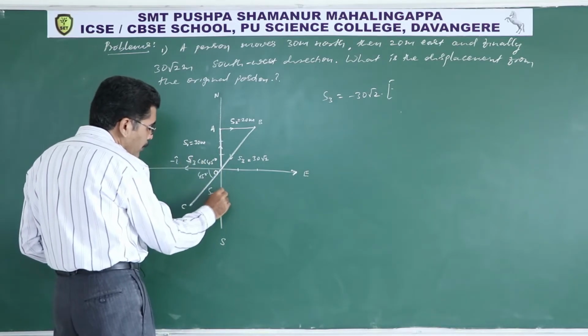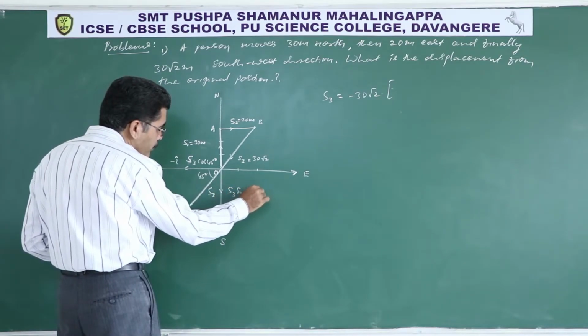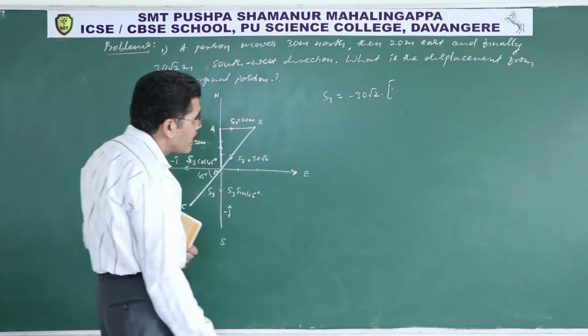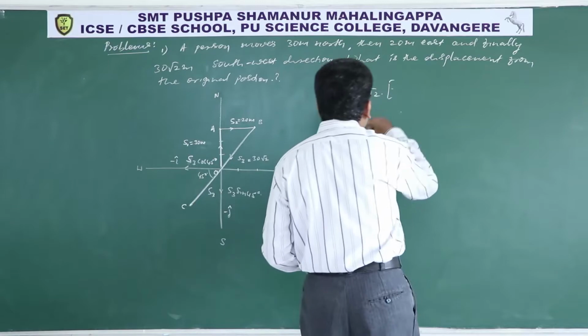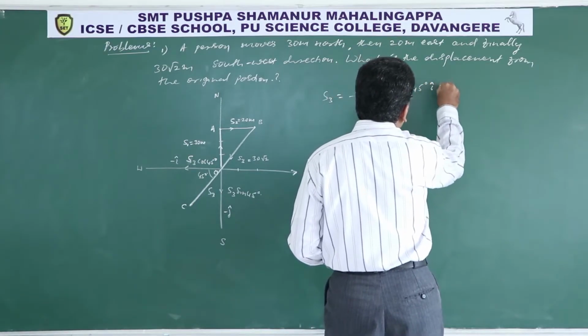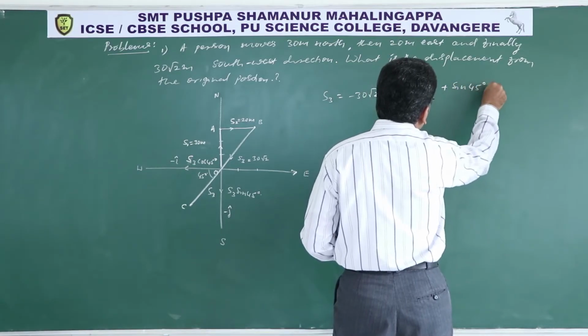When you resolve it, S3 into sin 45, there will be minus j cap. Therefore, I have taken the minus sign outside: cos 45 degree into i cap plus sin 45 degree into j cap.